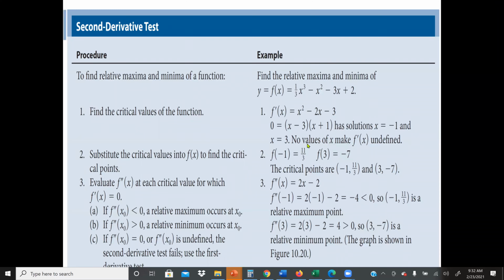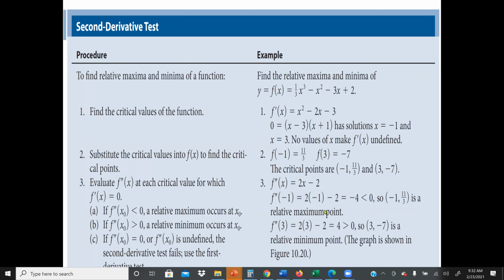Then we are going to test the same points, negative 1 and 3. So negative 1, we get negative 4. When we plug negative 1, it gives us negative 4, which is less than 0. So we say that negative 1 and 11 by 3 for the second derivative test is a relative maximum.